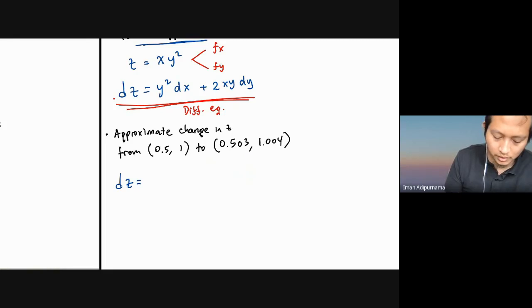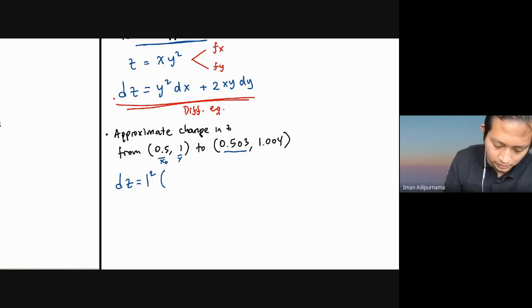and we can use the differential equations to approximate the change. So we can write this in terms of the partial x. So we put x and y, right? So we put 1 squared, and then we put the difference, the delta.